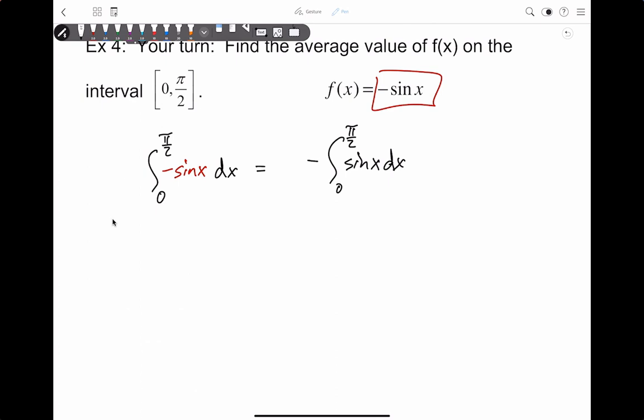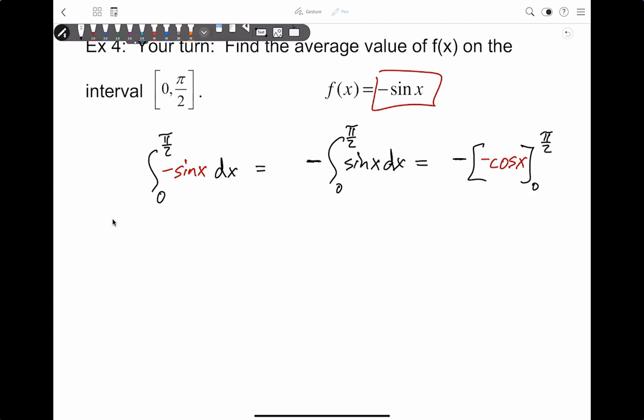And now we're going to take the antiderivative, which is a negative cosine, because cosine's derivative is negative sine, so I have to have that negative to get to that positive sine. So let me write this out. This is negative cosine. This negative out here is still a constant multiple rule, and it's from 0 to pi over 2.